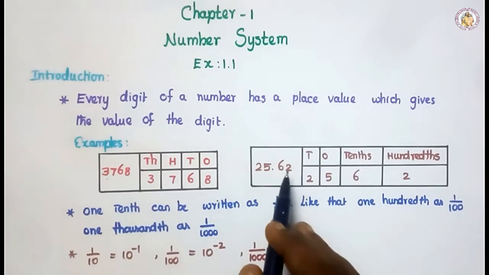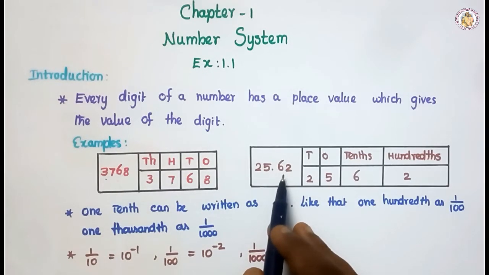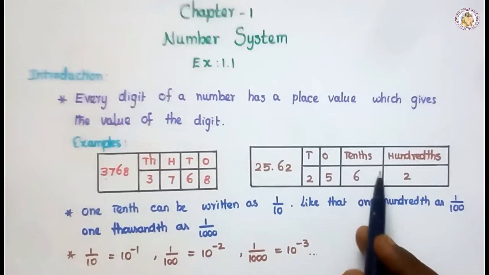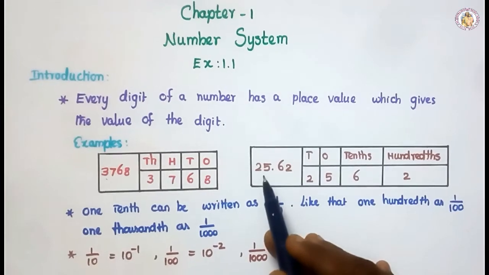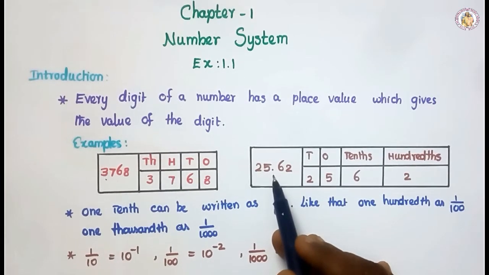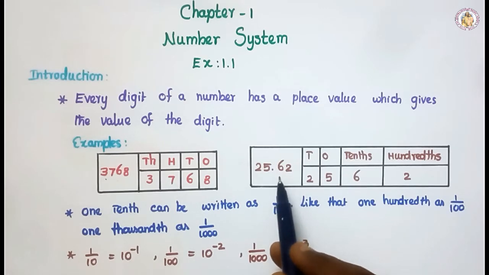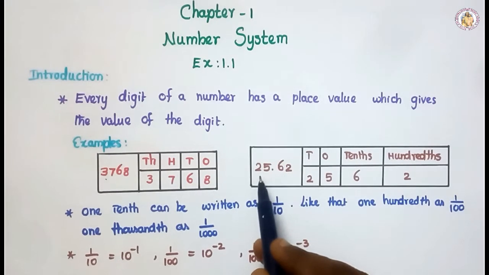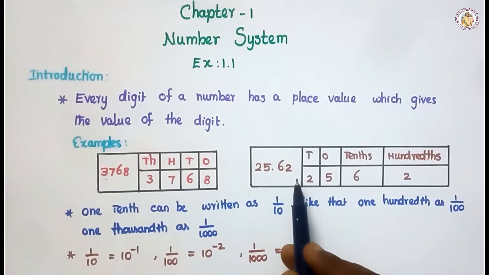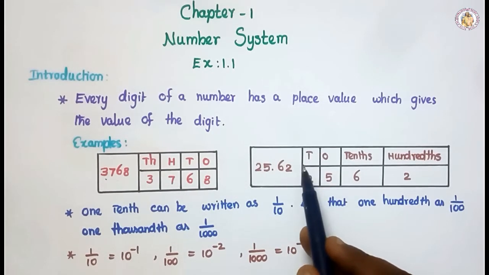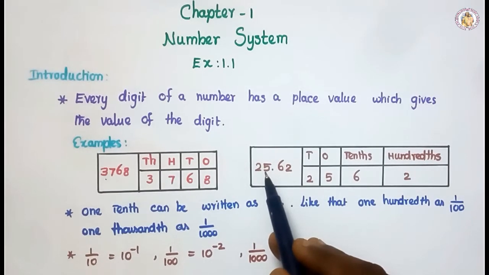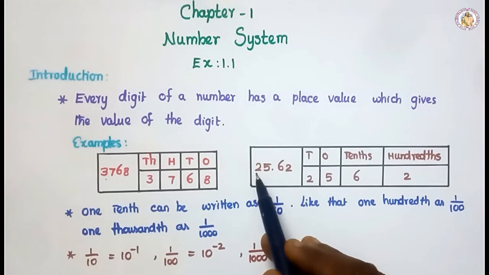In decimal numbers like 25.62, that is whole number 25, point, after the decimal point we have to read the values as single digits, that is six two, not sixty-two. Here the ones digit is 5, tens digit 2.